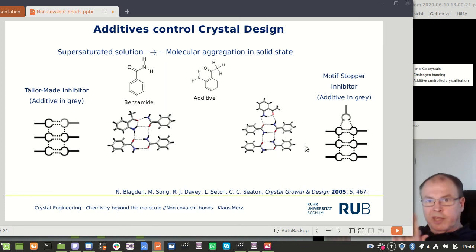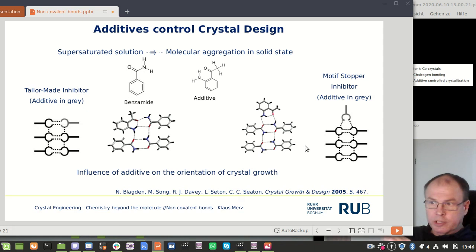And the group of Davey could show very nicely that the crystal growth in one direction could be inhibited, and at the same moment the crystal grows in another direction, depending on the cell axis and so on. Very nicely.